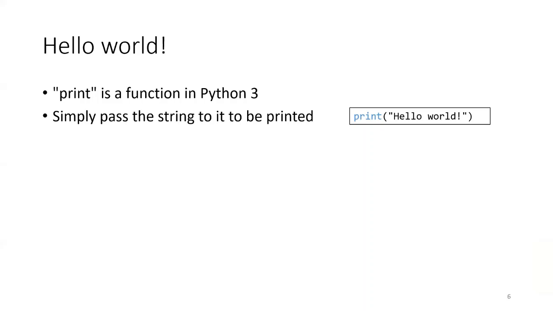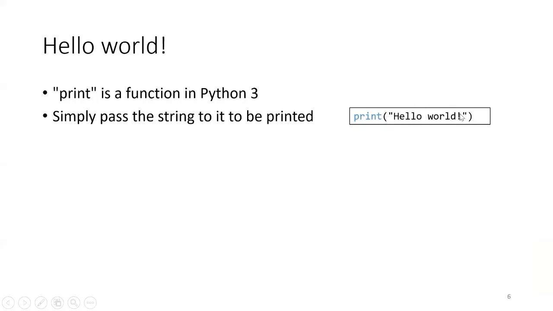So the first thing we have tried is to use the print function in Python. You saw it's easily written as print, and it can simply get a string and output it. This is a very simple string.